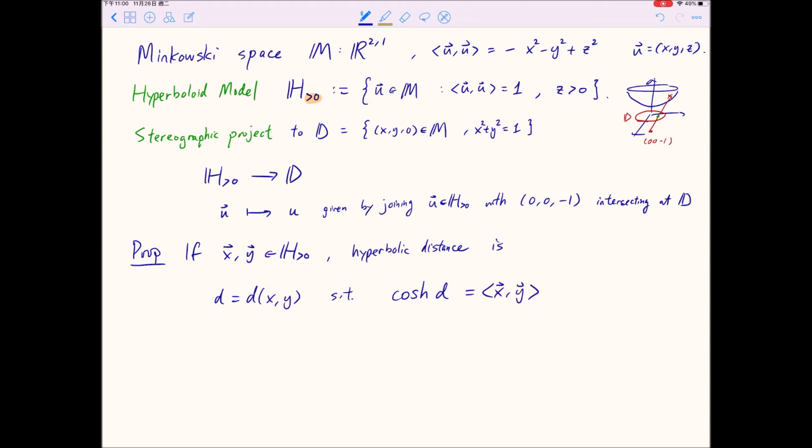So it has a very simple formula. Given two points on the hyperboloid, we project them back down to the Poincaré disk and look at the hyperbolic distance on the disk. And it turns out that this distance can be described just by the inner product of the points on the hyperboloid.